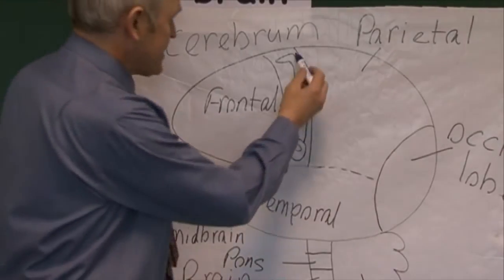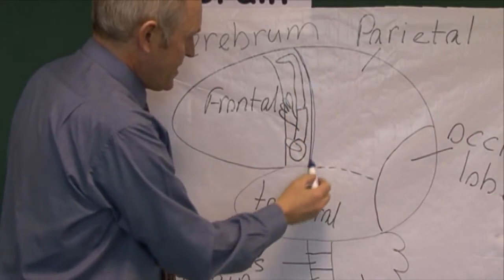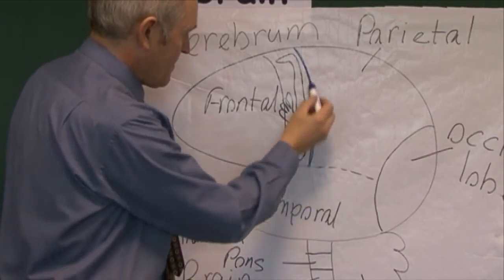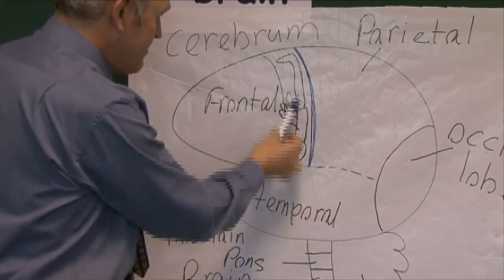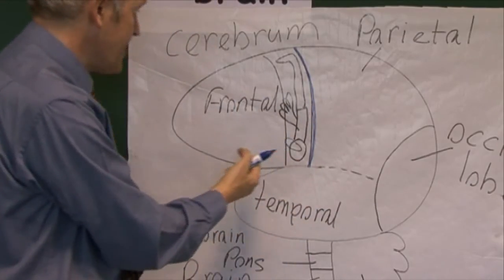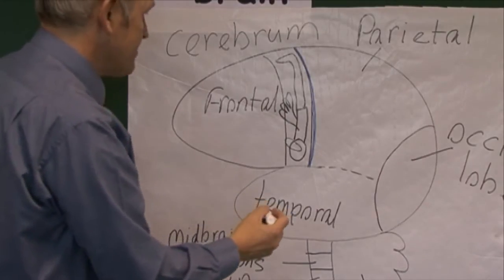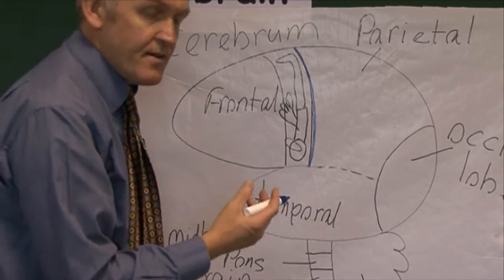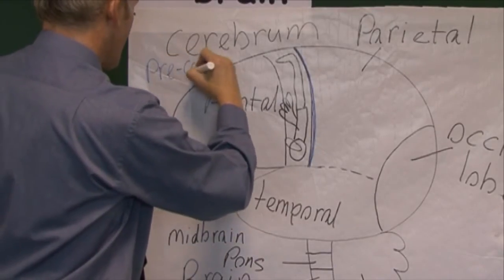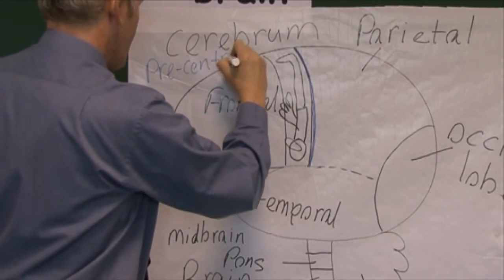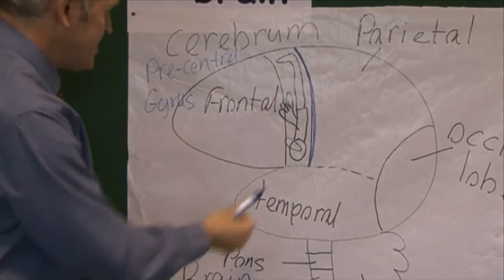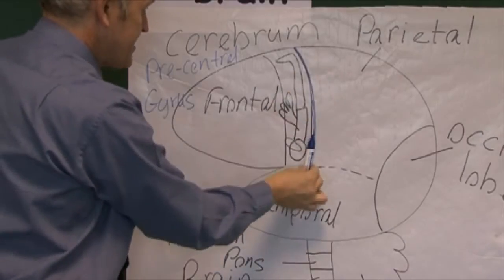And then we have this division called the central sulcus. The area of the motor cortex is a gyrus. It's an elevated area of the brain, and it's sometimes called the precentral gyrus. It is the gyrus before the central sulcus.